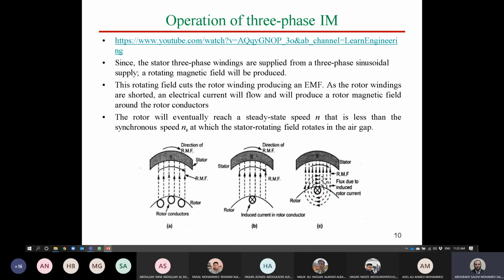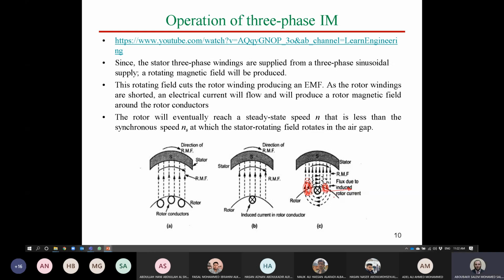So as you can see, the flux around the conductor due to the armature reaction is like that, and the flux coming from the stator is moving from N to S. So what will be the net flux? We will find that the component of flux in this direction will be smaller than the component of flux in that direction. Of course, the component of flux here is higher than that side. It will make a force on the conductor.